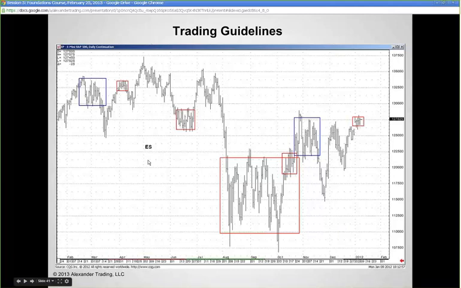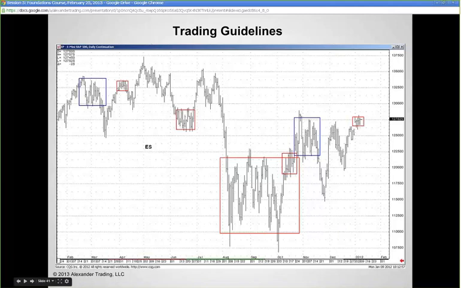We trade relative value. The extremes represent unfair value in some range, in some auction. And the high volume node in a range represents the area of most value.